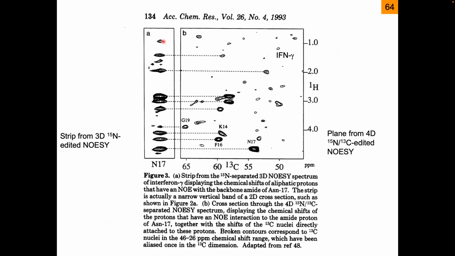On the vertical axis, you have all the protons that interact with the amide proton of asparagine 17. But you don't know the carbon frequency of the attached aliphatic carbons. If you look at the plane from the 4D C13 and 15N edited NOSE, then you pull out these frequencies in a nice carbon plane as well. And this may really help you for assignment.